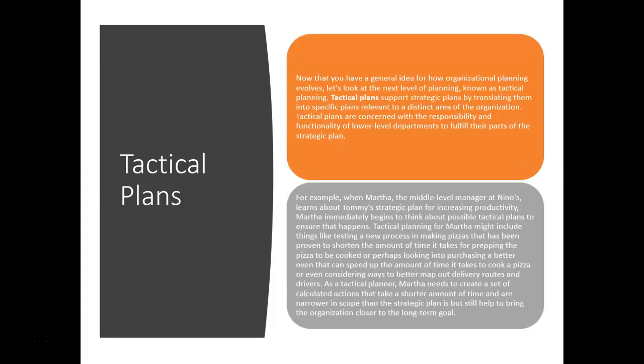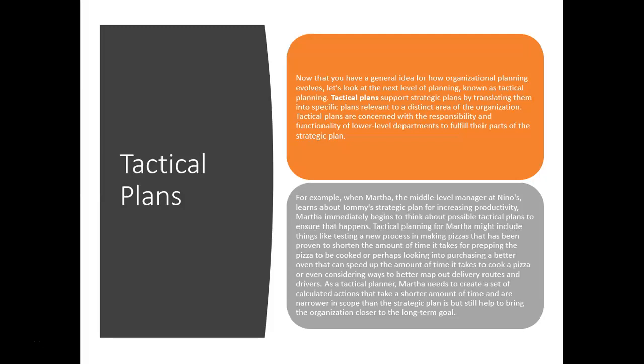Now, this next slide is going to be moving on to tactical plans. So now that you have a general idea of how organizational planning involves strategic planning, let's look at the next level of the plan, known as tactical planning. Tactical plans support strategic plans by translating them into specific plans relevant to a distinct area of the organization.